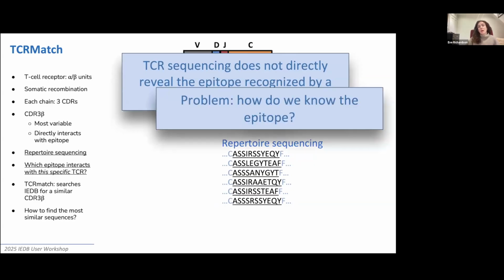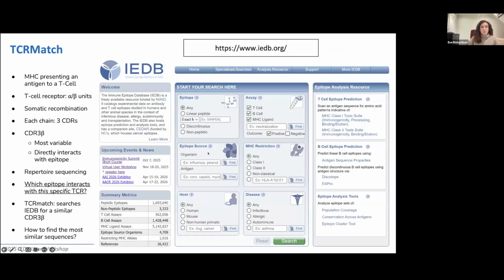So the question is, how do we know what the epitope recognized by a TCR is, and how can we best make a prediction in any case? I think the best thing to do is always to go to the data. As Lonneke went through, we have a substantial amount of T cell receptor data, but also of B cell receptor data.